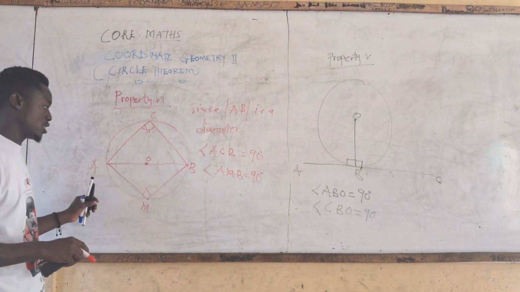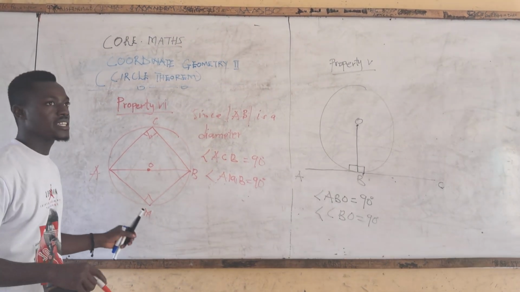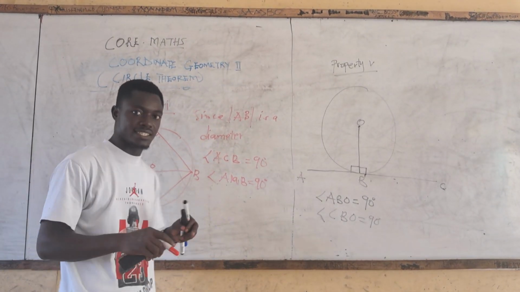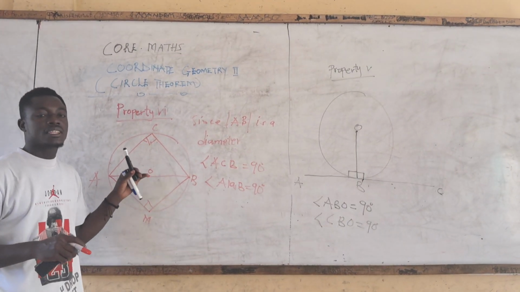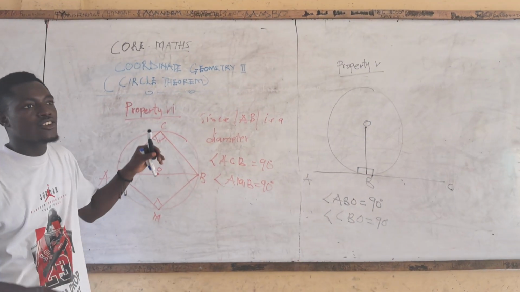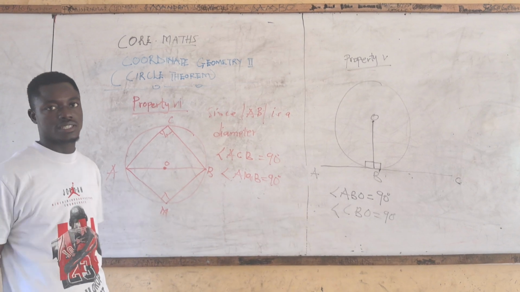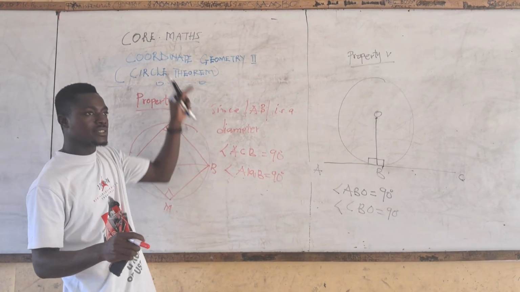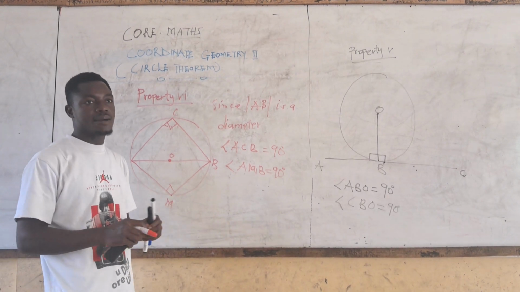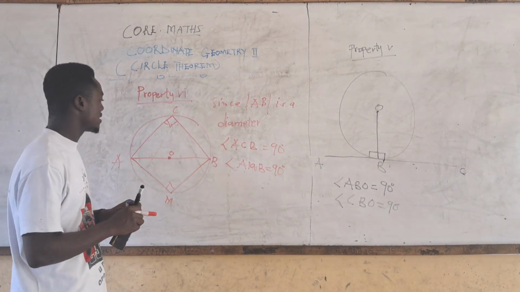Now there's another property that also supports this. I think that was property 2. What does property 2 say? The angles sustained by the same chord at opposite segments add up to 180 degrees.